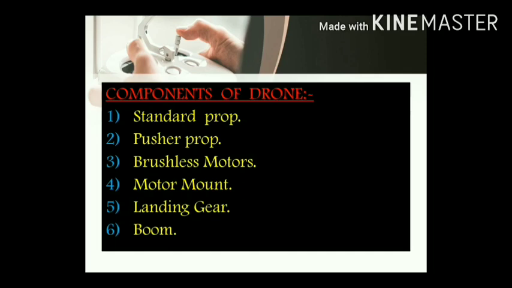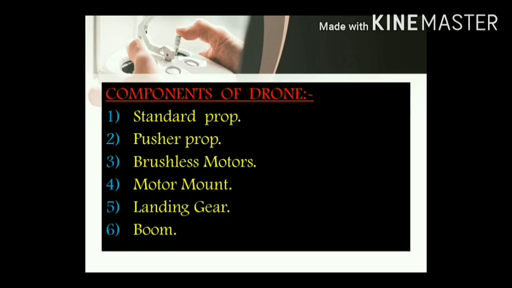Sixth one is the boom. Shorter booms increase maneuverability, while longer booms increase stability. Booms must be tough to hold up in a crash while interfering with the downdraft as little as possible. In many drones, the boom is part of the main body.